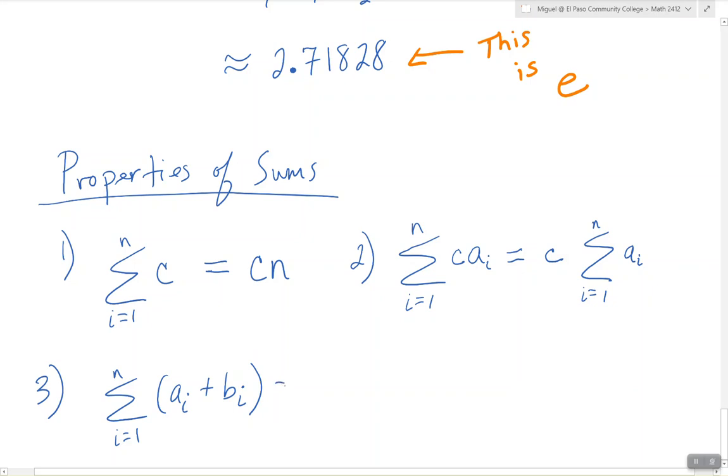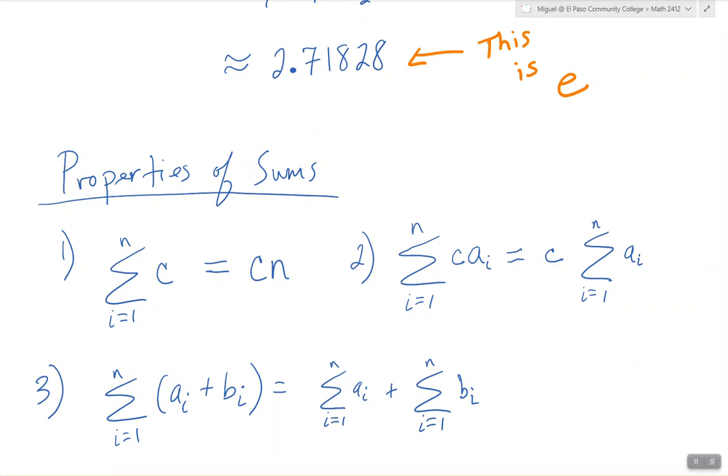So we can actually write this as one sigma plus another sigma. And remember, you can use these backwards as well, right? So if you have two sigmas like this broken up, you can rewrite it as one as well.